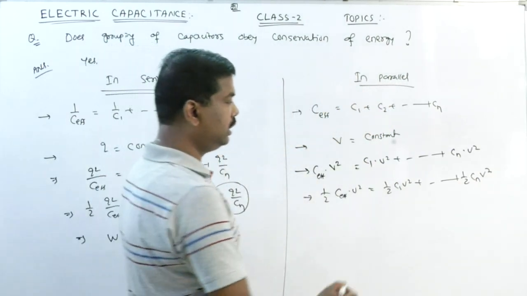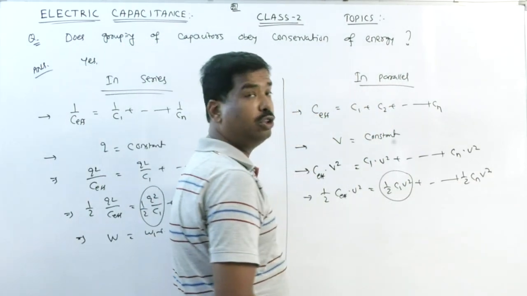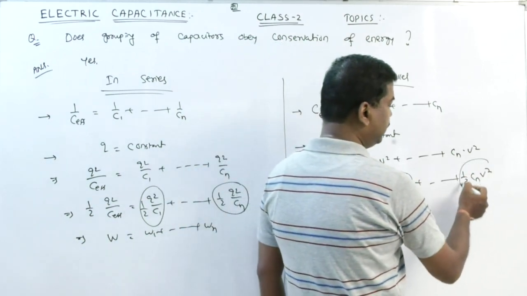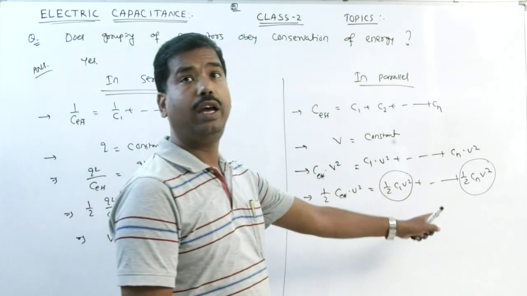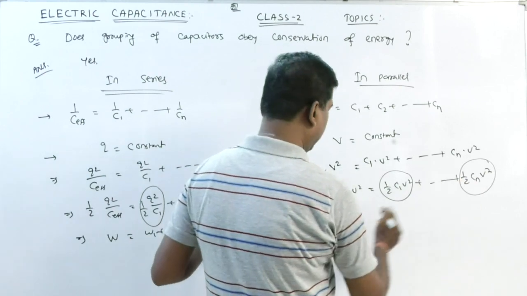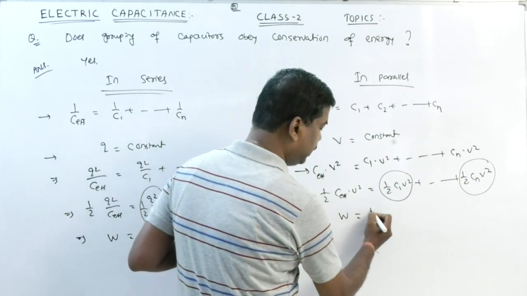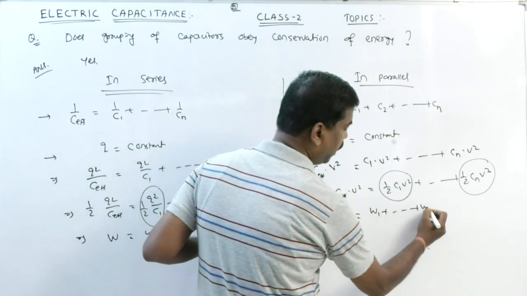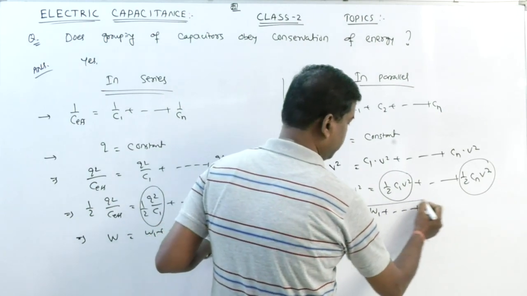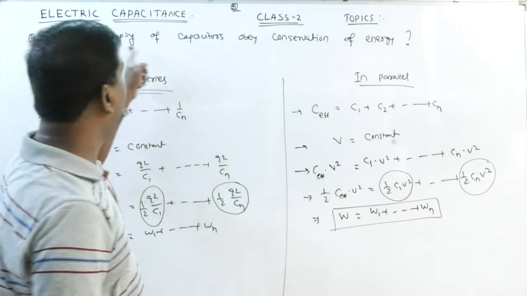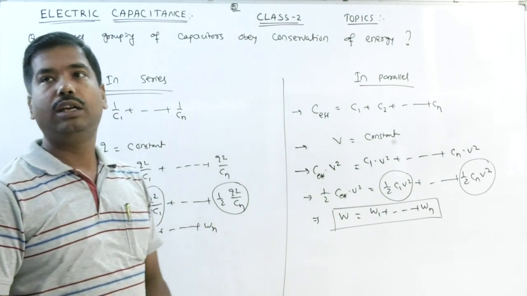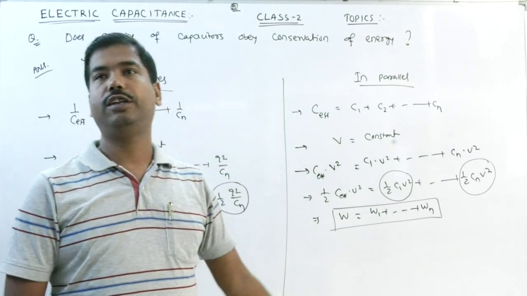Clear? So half C1 V square is the energy of the first capacitor and half Cn V square is the energy of the nth capacitor, so they can be added algebraically. So total energy is equal to W1 plus W2 and so on. Yes, grouping of capacitors is valid in a conservation scenario.